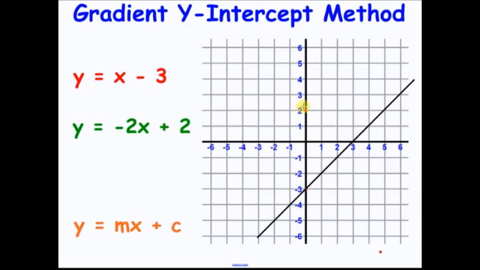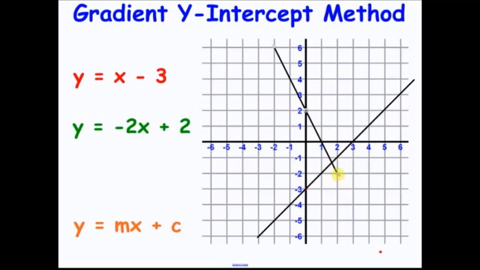Okay. So what does a gradient of minus 2 mean? Well, it means that for every 2 I go up, I go 1 across, but it's negative, left of centre. For every 2 I go up, I go 1 across again. For every 2 I go down, I go 1 across.